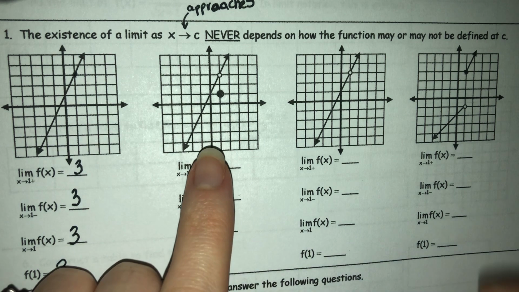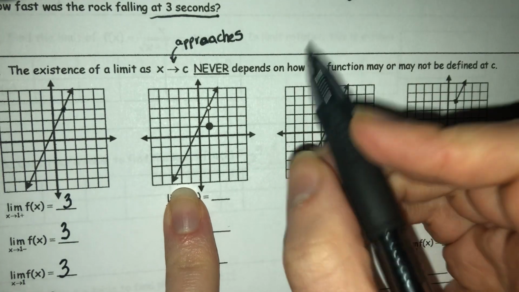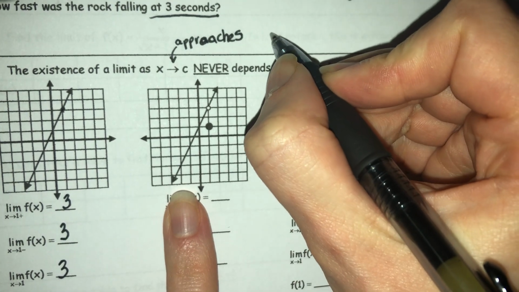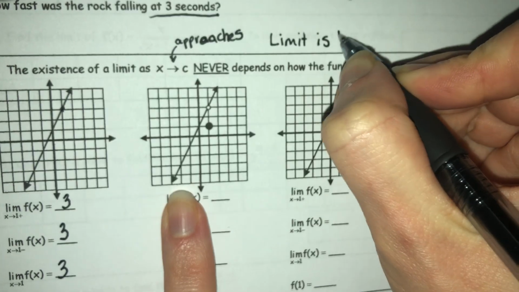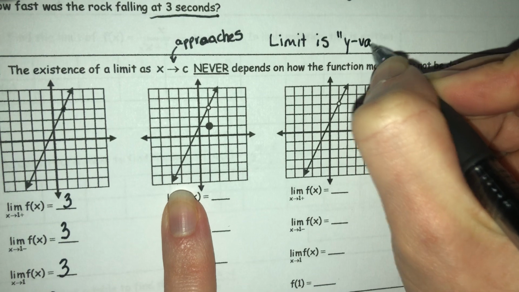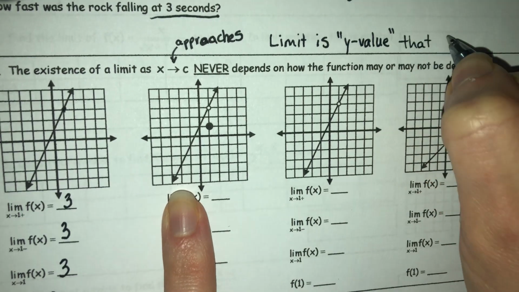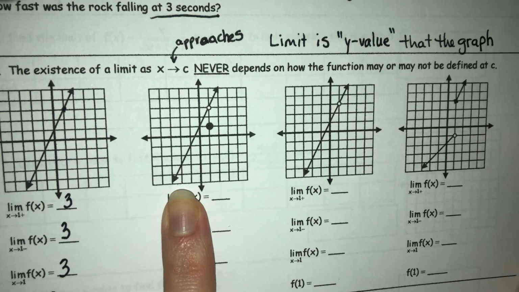Well, let me give you a little explanation of the word limit so that you will have a better understanding. A limit is a y value that the graph approaches.